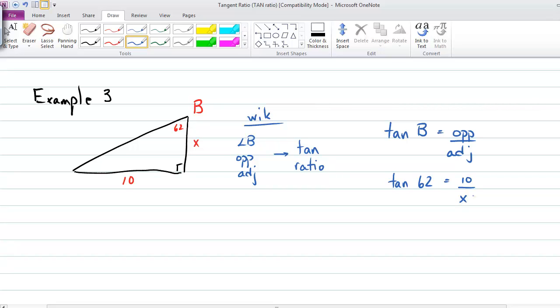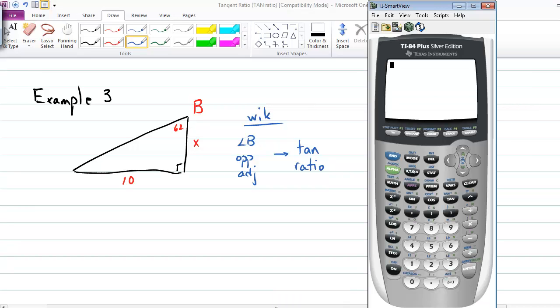So there's our equation that we have to solve. This is a little trickier equation because the unknown is on the bottom. But the first thing I can do is get rid of tan 62, because the tangent ratio of 62 degrees is just a number that my calculator will give me when I press the buttons.